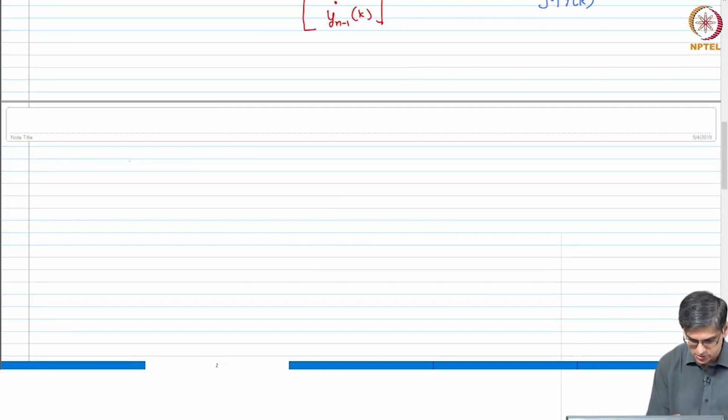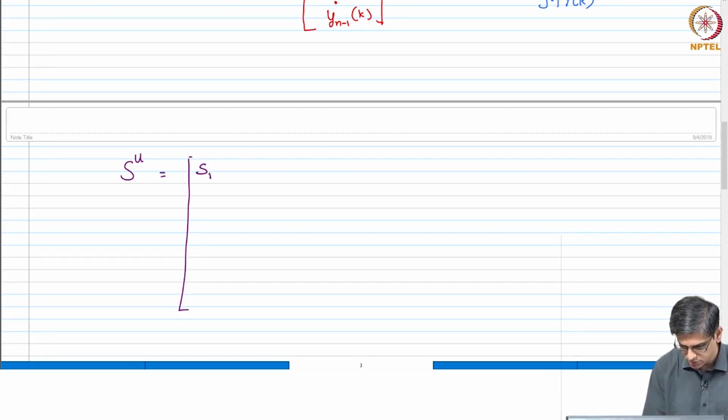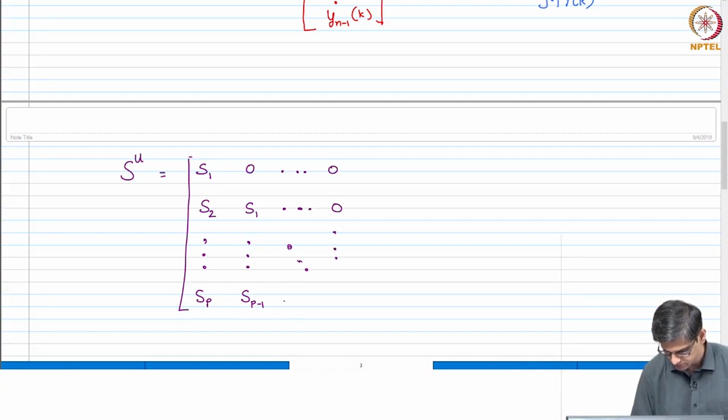Just to remind ourselves, SU, not SUK, SU was equal to S1, S2 and so on up to SP, 0, S1, so on up to SP minus 1, 0, 0, SP minus M plus 1.